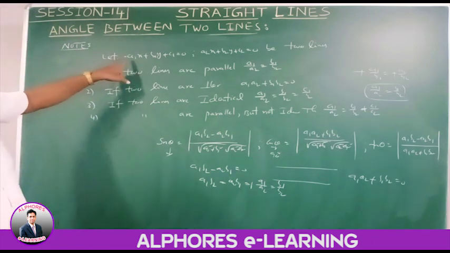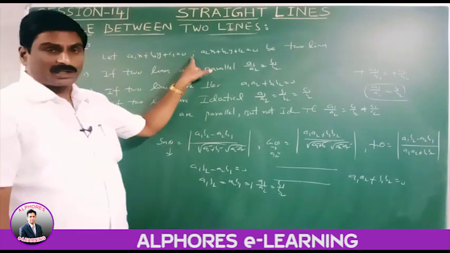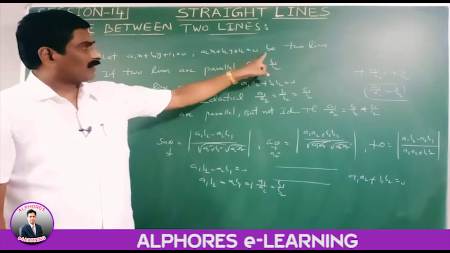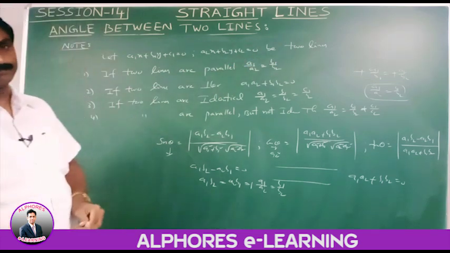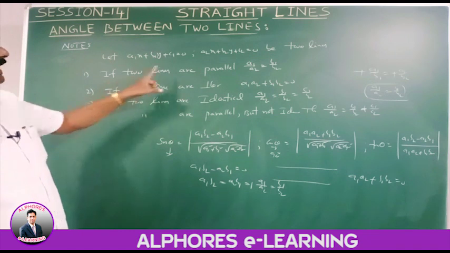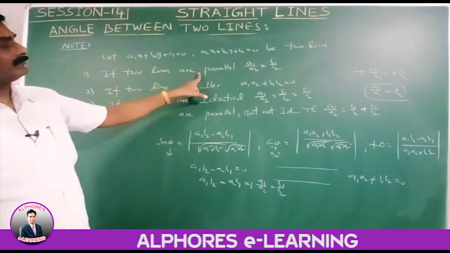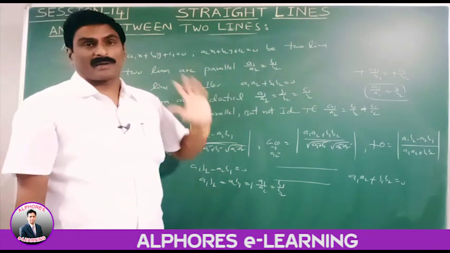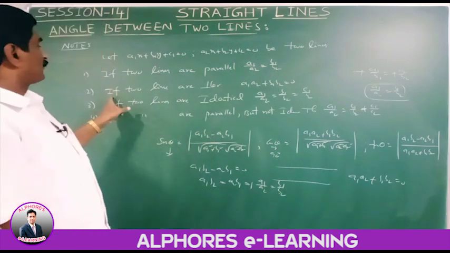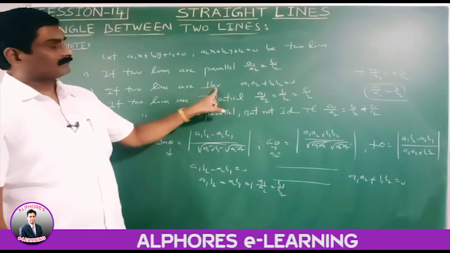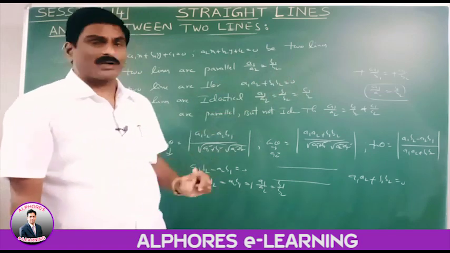Let a1x + b1y + c1 = 0 and a2x + b2y + c2 = 0 be two lines. If two lines are parallel, then a1 by a2 is equal to b1 by b2. If two lines are perpendicular, then a1 a2 + b1 b2 = 0.